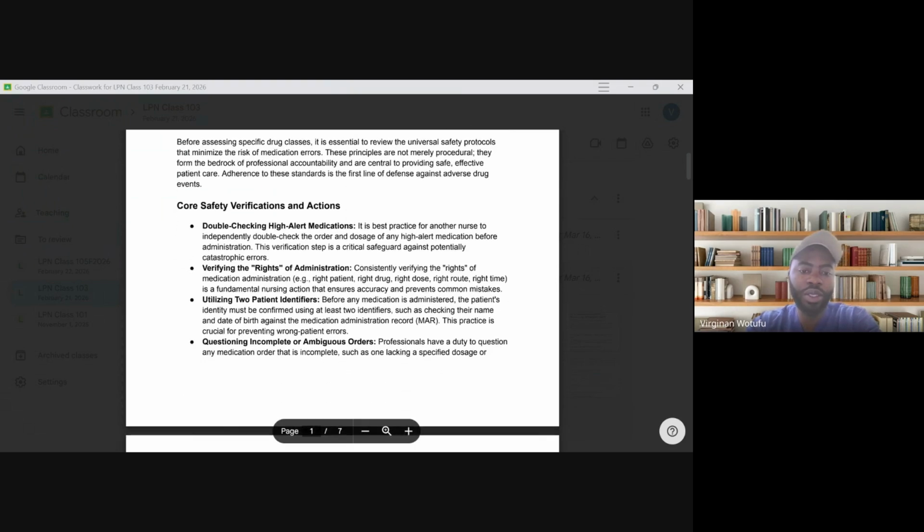In verification, like I said earlier, you question orders that you don't understand, orders that seem incomplete or out of the ordinary. It's within your right to question the orders because you are the first line of defense for the patient. You are advocating for the patient's safety as well, right? So it's within your right to question incomplete orders or orders you don't understand.